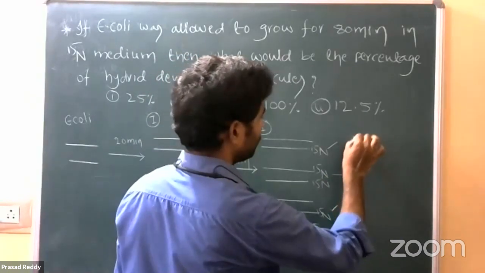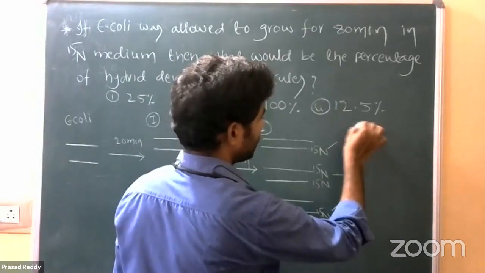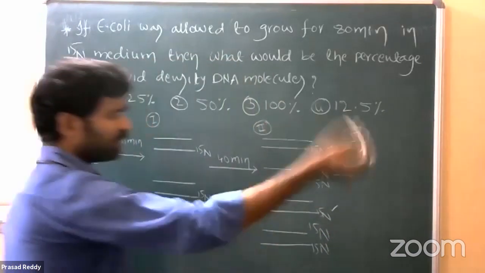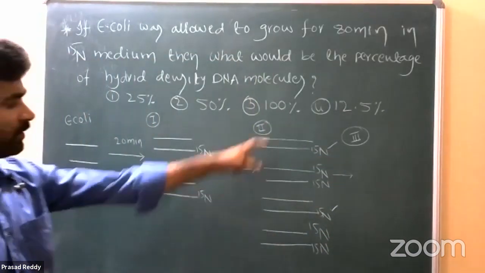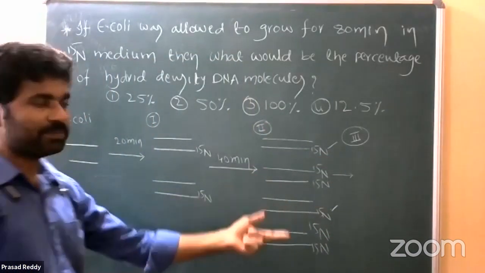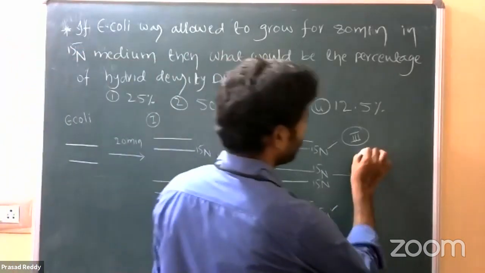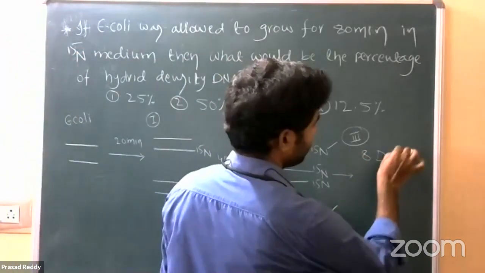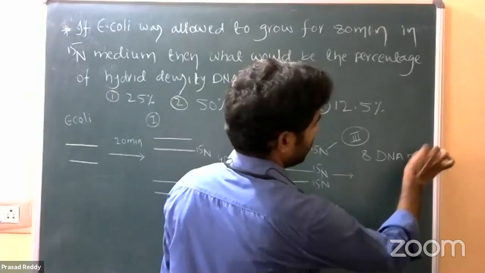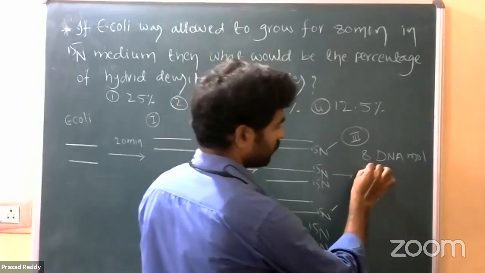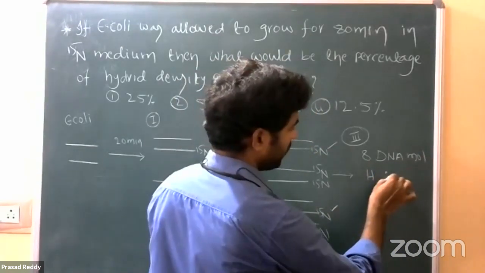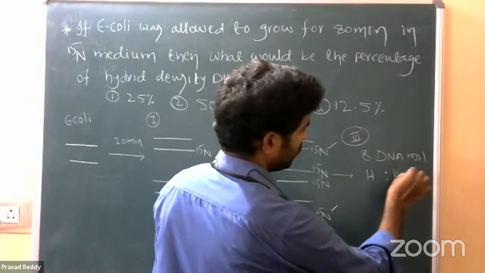Then what about the third generation? In the third generation the molecules become double: 1, 2, 3, 4; 4 becomes 8. In the third generation there are 8 DNA molecules, of which hybrid DNA molecules are 2 and heavy DNA molecules are 6.